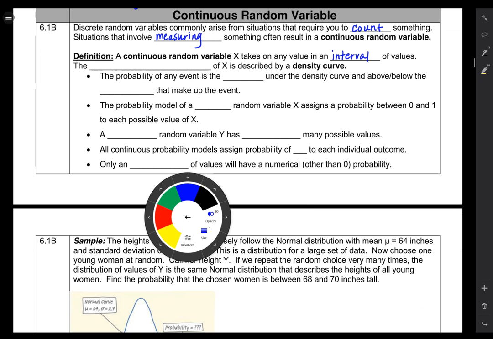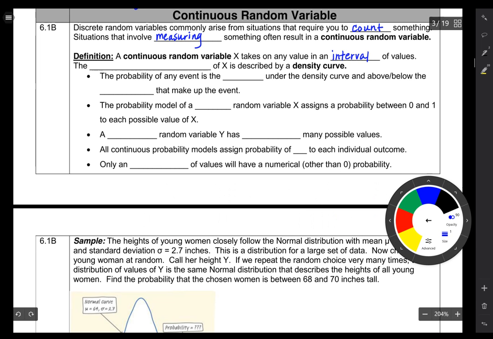The probability distribution of x is described by a density curve. So instead of having that table where you had your x values and the probability, for a continuous random variable the distribution is described by a density curve. And so here we get into your normal distributions.